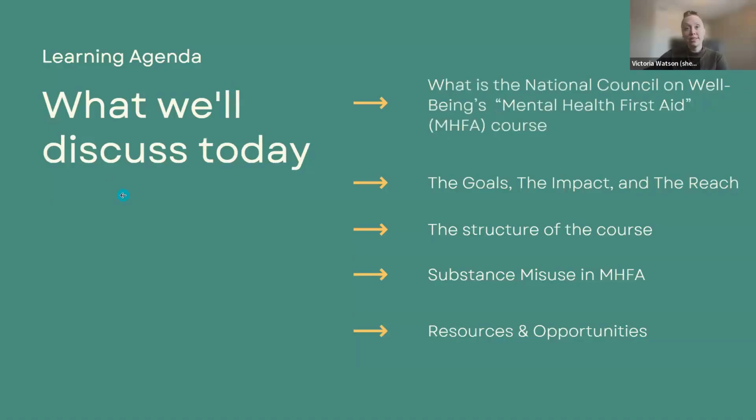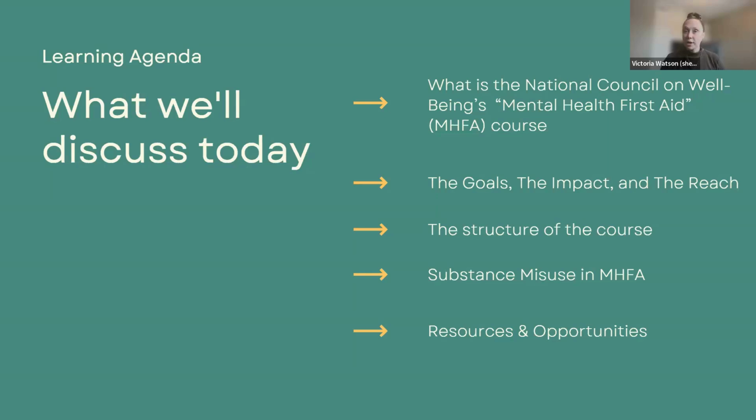So what we will be discussing today, we're going to dive into what the National Council on Wellbeing's Mental Health First Aid course is, what the goals of that program are as a whole for the United States and beyond, and what the impact and reach of mental health first aid has been in the United States.